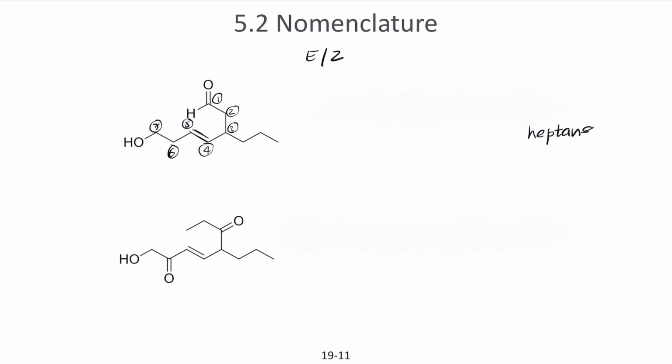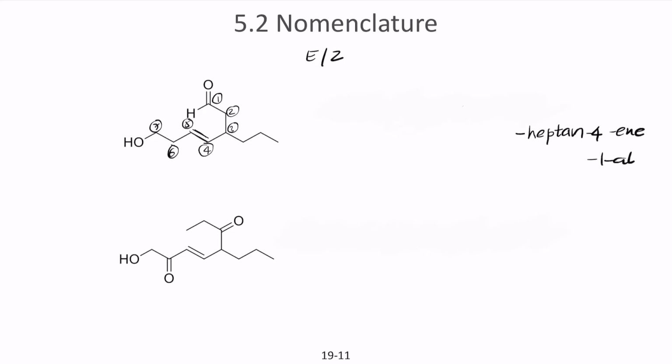So we can write heptanal directly, or we can write heptane-1-al. And we want to make sure there is an ene group at the fourth position. So write heptane 4-ene 1-al.